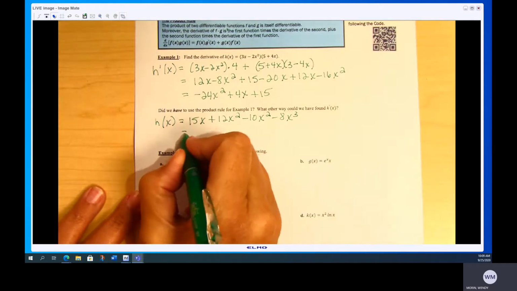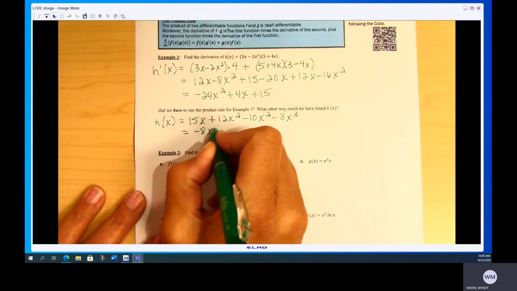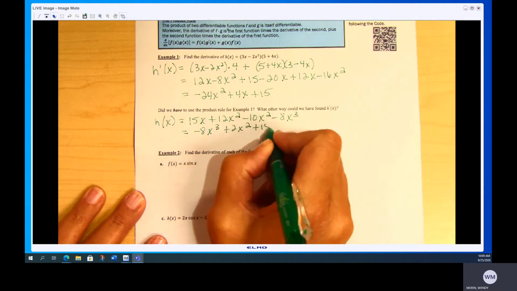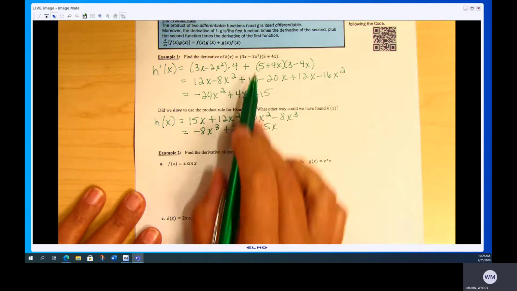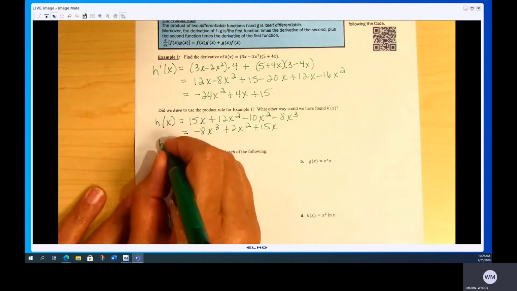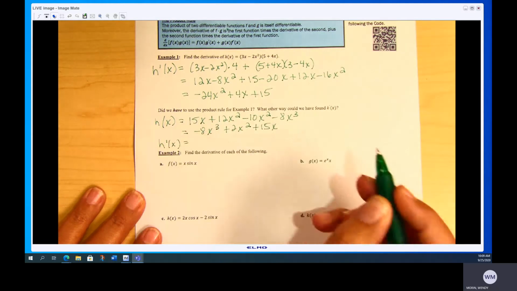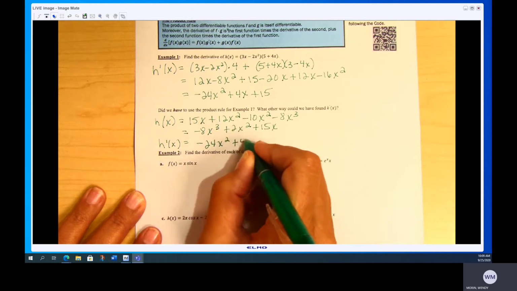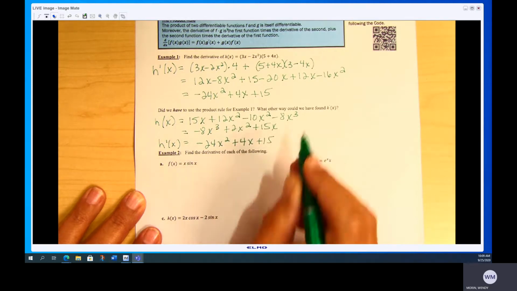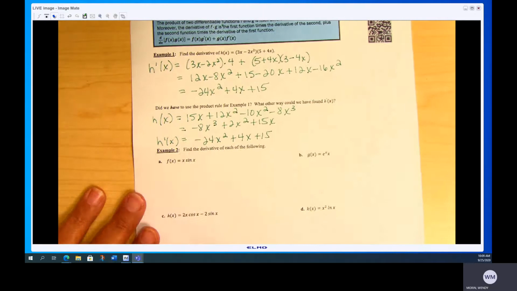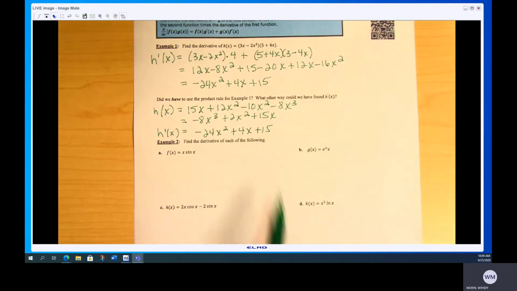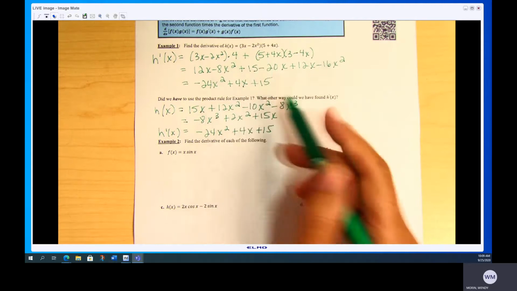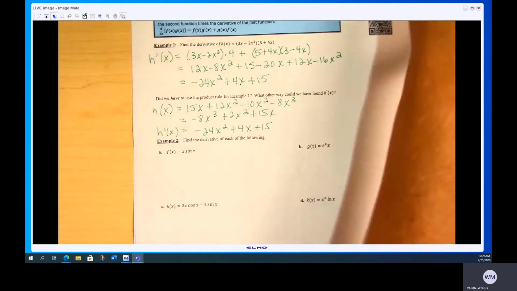If we combine like terms, that's negative 8x cubed plus 2x squared plus 15x. So we could multiply them together and then use our power rule. Negative 24x squared plus 4x plus 15. And you have the same answer. So I like this method better. If you can avoid the product rule, I would avoid the product rule. But that's not always the case.